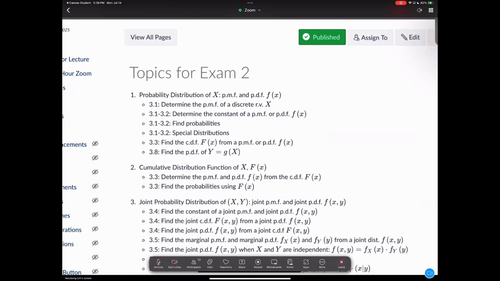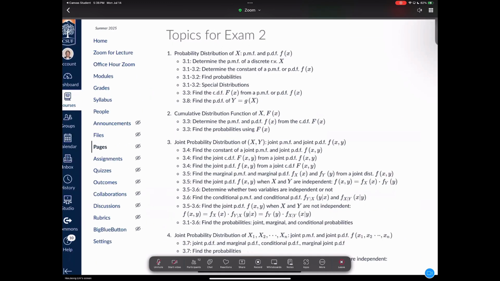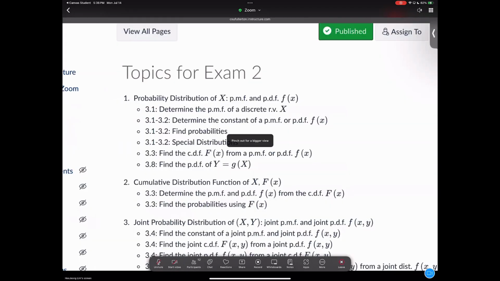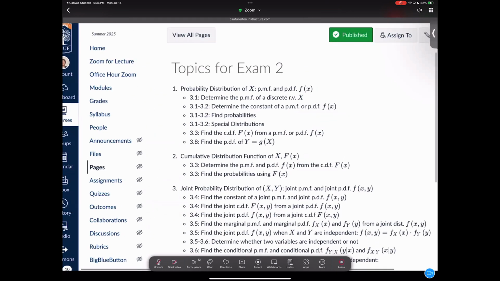I have big topics one by one, and I have little sections. 3.1 means section 3.1, and 3.2, and 3.3, and 3.8. These are the sections where the topic appears. You might want to go check this out before you take the exam to see if you have an understanding of questions of this type.